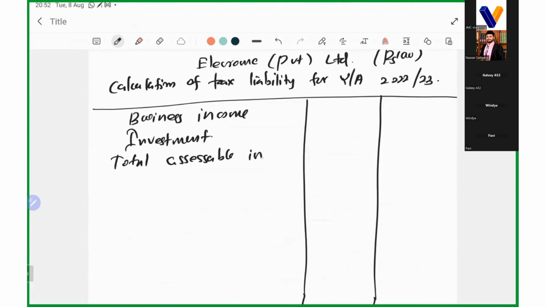assessable income. Then you can deduct the Section 52 deduction, qualifying payment and relief.